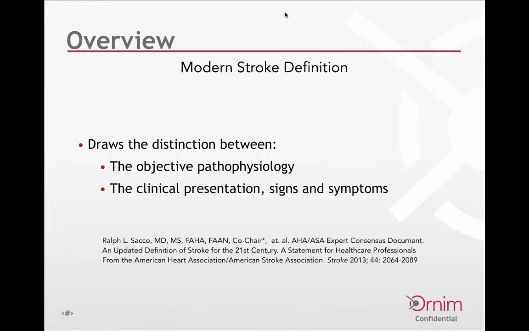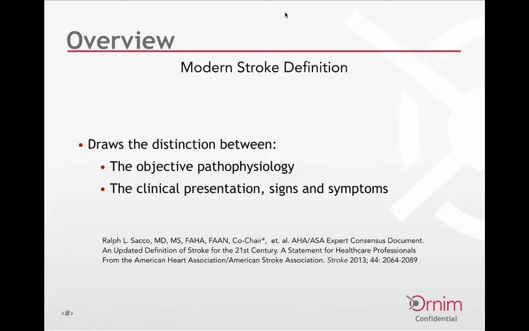So the modern stroke definition today really draws the distinction between the objective pathophysiology that we see on imaging studies and the clinical presentation, which includes the signs and symptoms. Stroke traditionally is a clinical syndrome, and it was, of course, recognized many years before modern imaging became available. As time has gone on, we've seen modifications in the way that we're defining stroke.